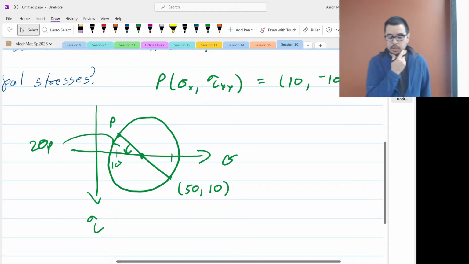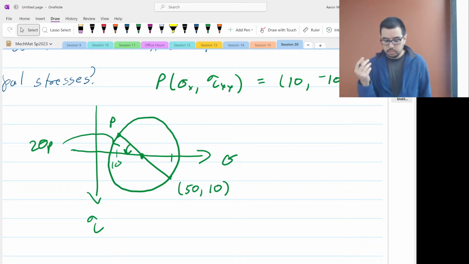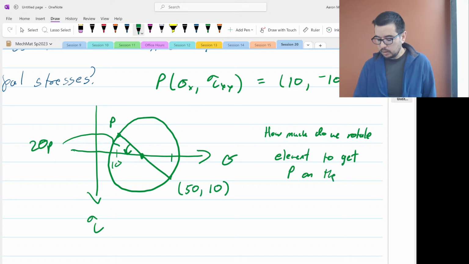So how much do we have to rotate to get P on the sigma axis?